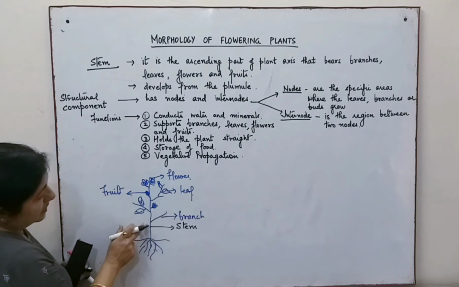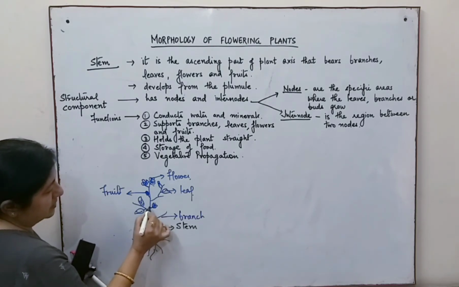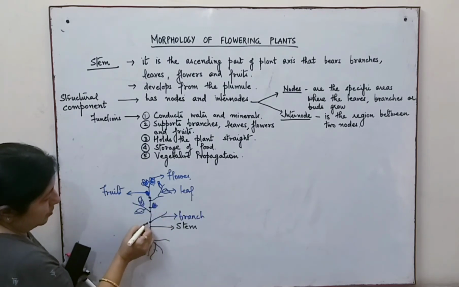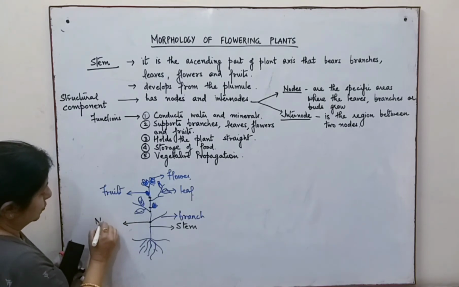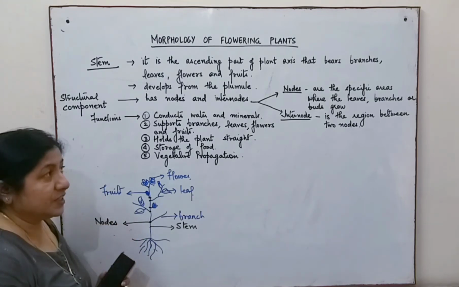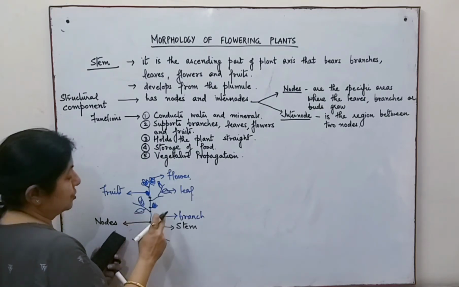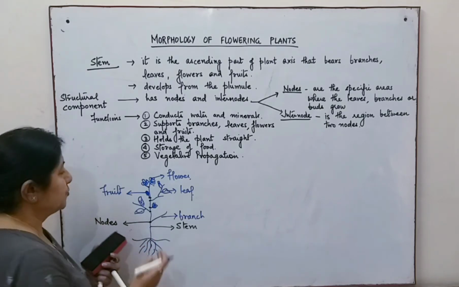Now another important feature of the plant is the nodes and internodes. Here, as you can see, the branch arises. Here is the flower. So all the areas that are marked over here in blue-black will form the nodes. Nodes are the specific regions where either the leaves come out, or the branches come out, or the flower or the fruit may be formed.